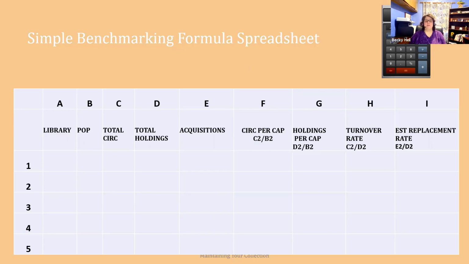You can also see the formulas in each of the other columns. In column G, you'll find out the holdings per capita. In column H, you'll find out your turnover rate. And in column I, the estimated replacement rate. How much time will it take for you to replace every item in your collection if you purchase at the same rate that you're purchasing currently?